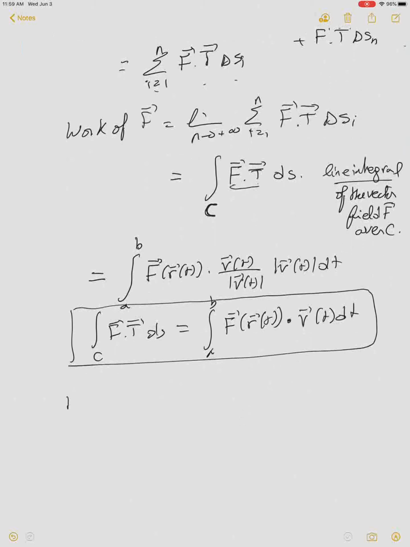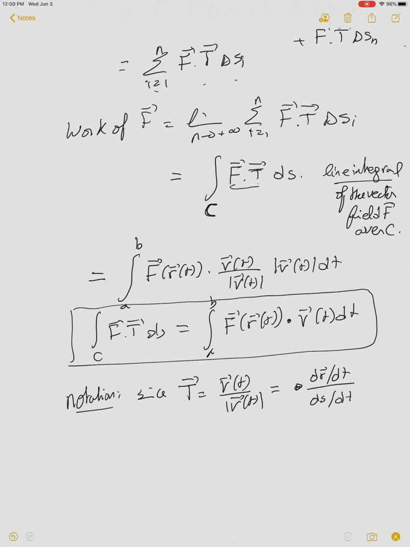Now another notation. Since T is v of t over the absolute value of v of t, what is v of t? It is the derivative of the motion. What is the speed?